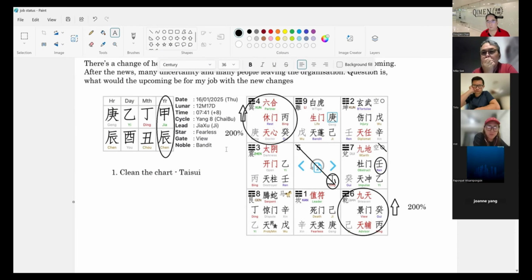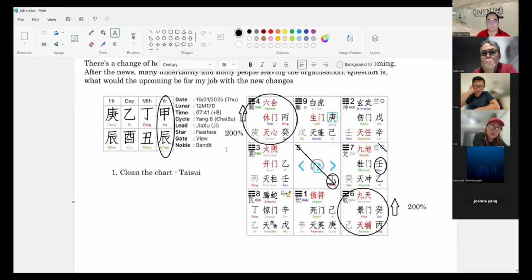This is for the branches. We finished the stem already, so there are 2 steps: one is the Ren, one is the Chen. After this, we notice that 7 failed, 4 increased, 6 increased. Then we have completed the process of cleaning the chart.